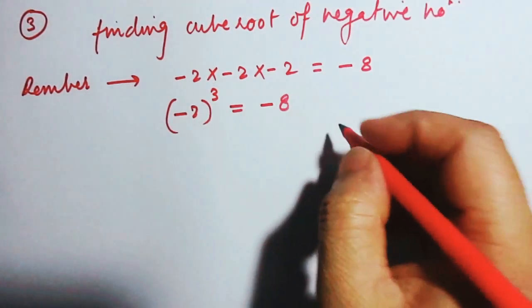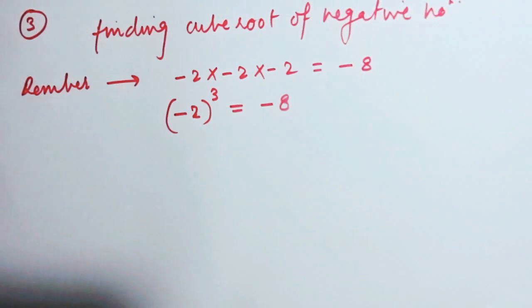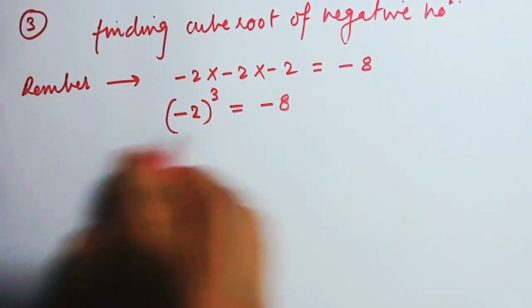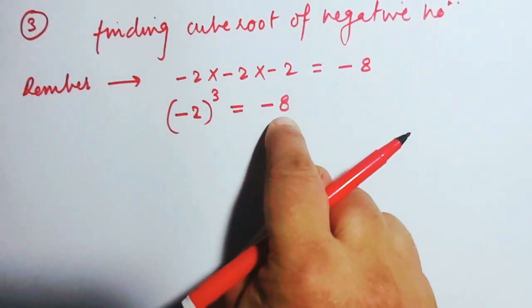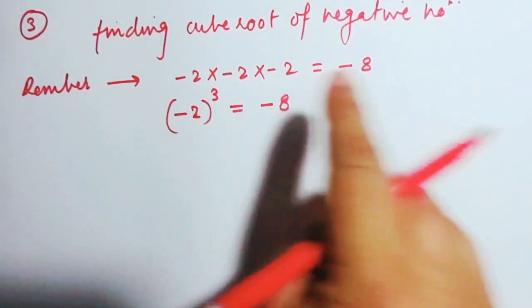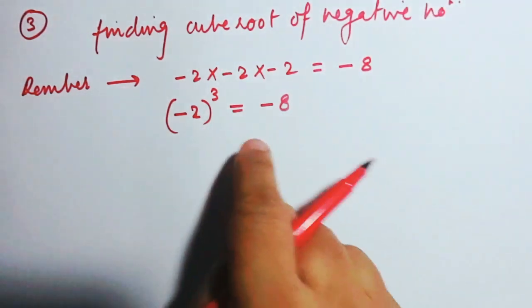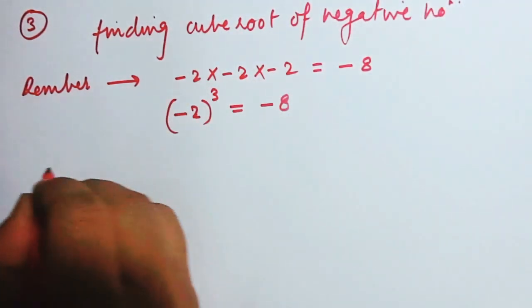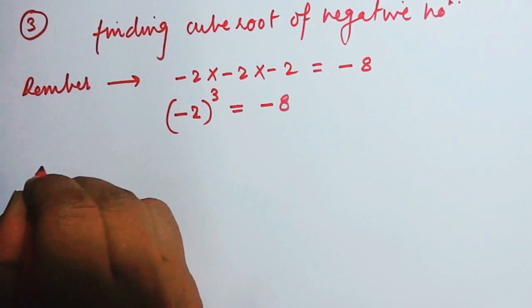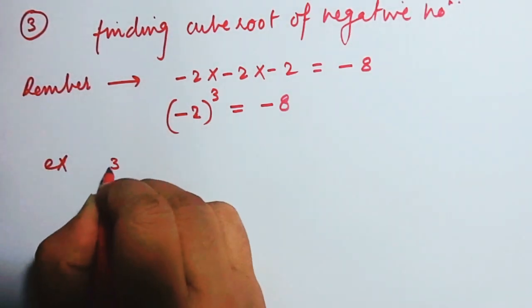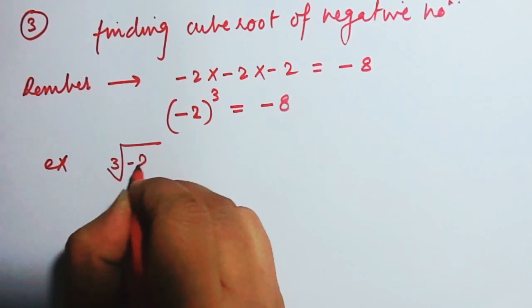Now this also means that although you can factorize 8 as 2 times 2 times 2, at the end you put a minus sign in all of the numbers, because finally the product will have the negative sign only. Let us take one more example, cube root of minus 216.